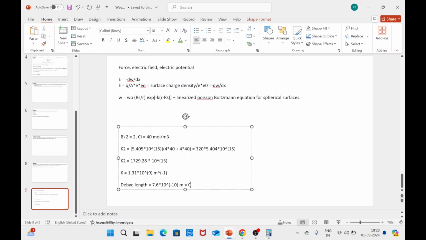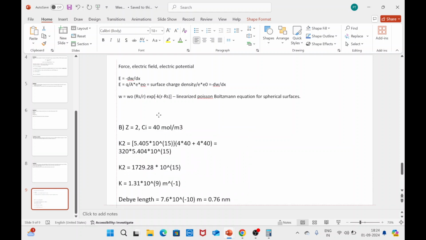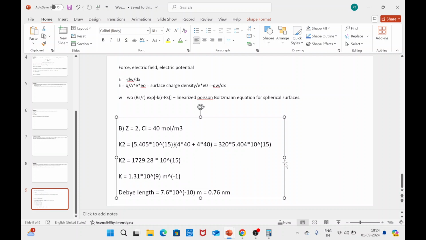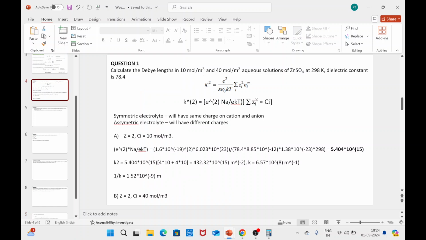So this is the Debye length if the concentration of the solution is 40 mole per meter cube, and in case the concentration is 10 mole per meter cube, the answer is 1.52 nanometers.